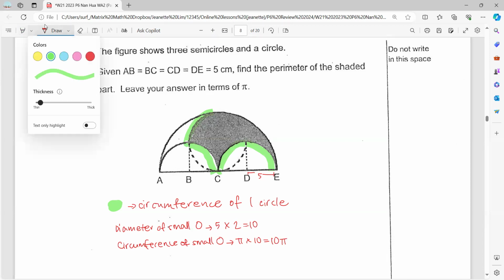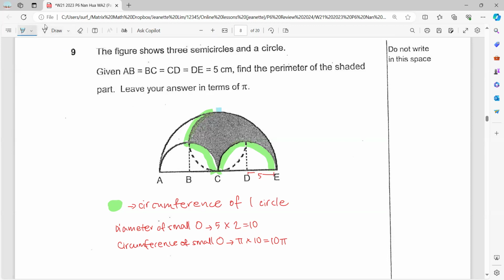Then the other thing I need to find is this here. The arc of a quadrant, but the bigger quadrant. So the bigger quadrant has a radius of 10, right? So the diameter will be 20.